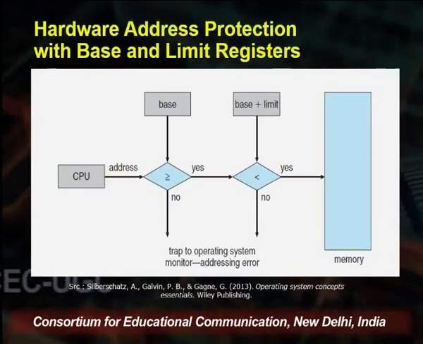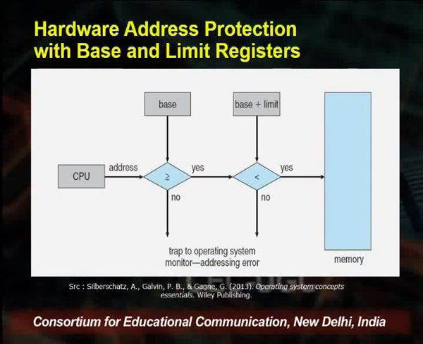Now, hardware address protection, as we can see in this diagram, is also done using the base and limit registers, and this is how a fatal error comes about. The base register will have the initial or lowest value, and the limit will define the total range.